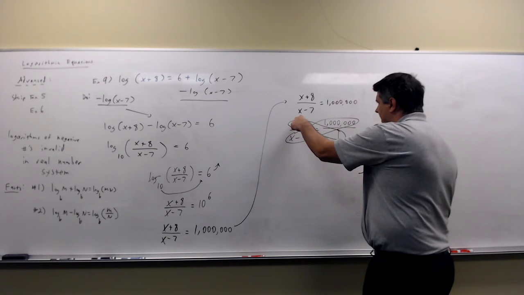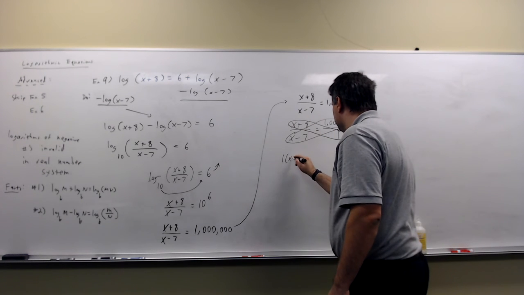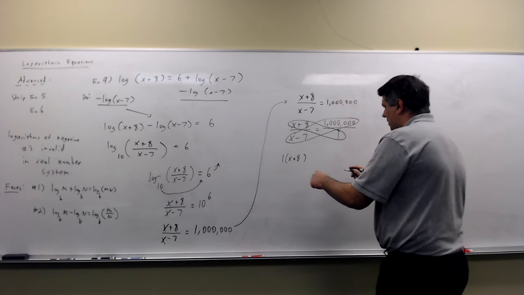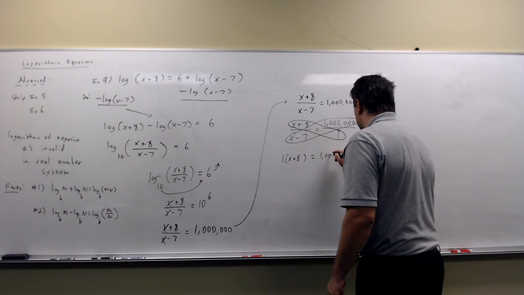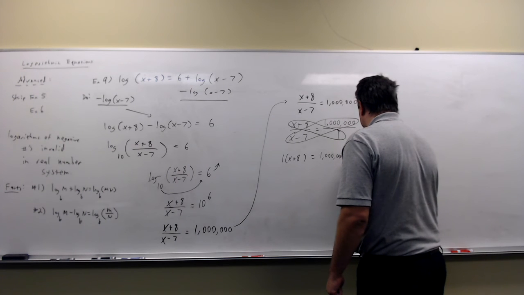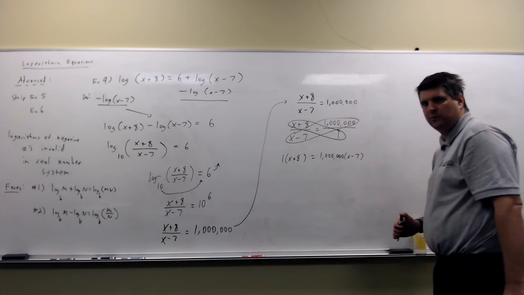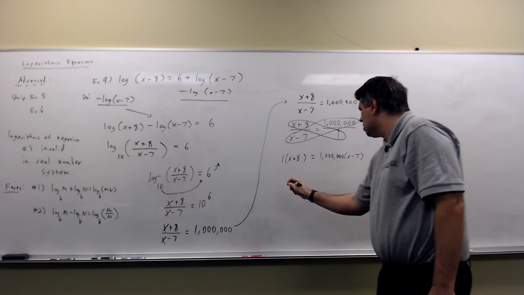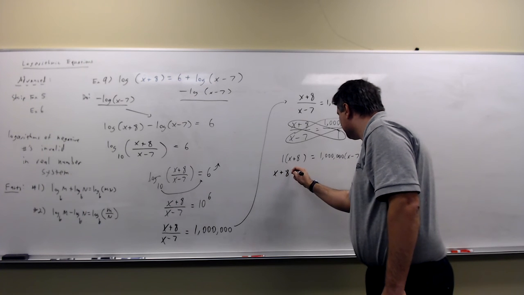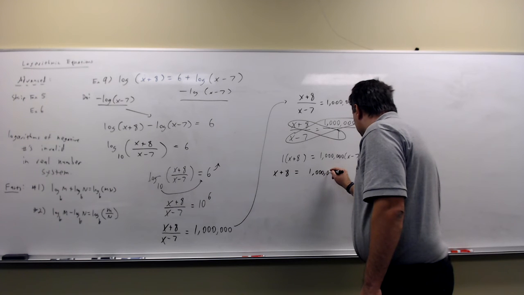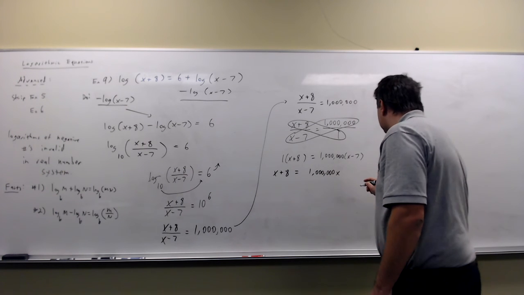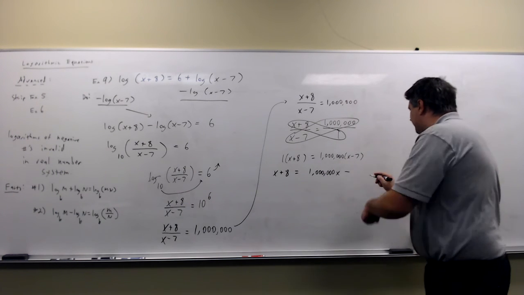So 1 times x plus 8 equals 1 million times x minus 7. All right. So x plus 8 equals 1 million x minus 7 million.